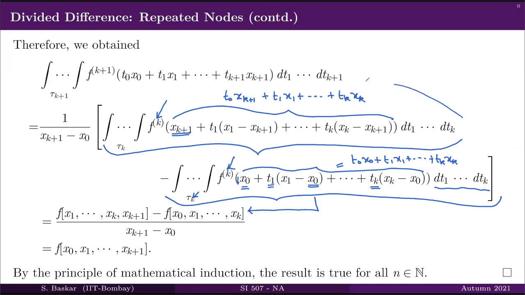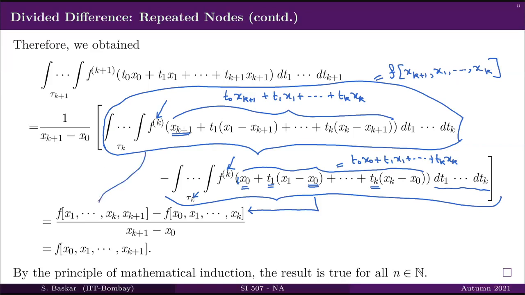Therefore, this entire first term as per the Genocchi formula, since we have assumed that it is true for n equal to k, will become f of xk plus 1. Instead of x naught, we have to put this, and all the other nodes will remain as they are, up to xk. So there are k plus 1 nodes, therefore it's a divided difference of order k. But I have written this like f of x1, x2 up to xk, xk plus 1. But actually, as per Genocchi formula, it should be like this.